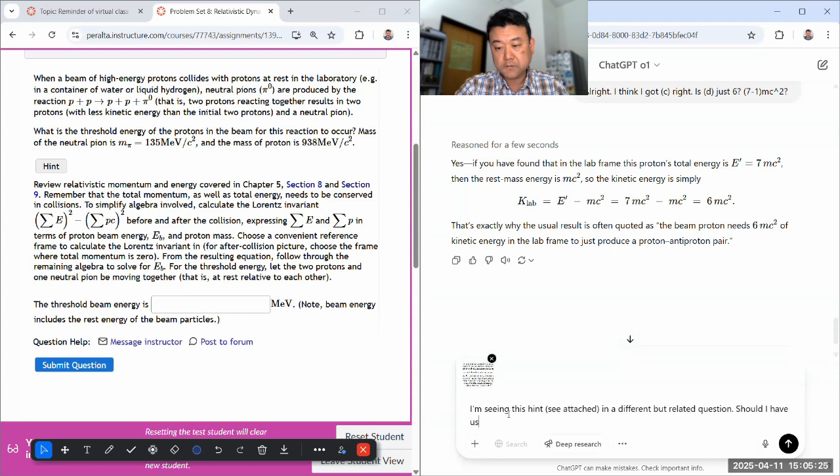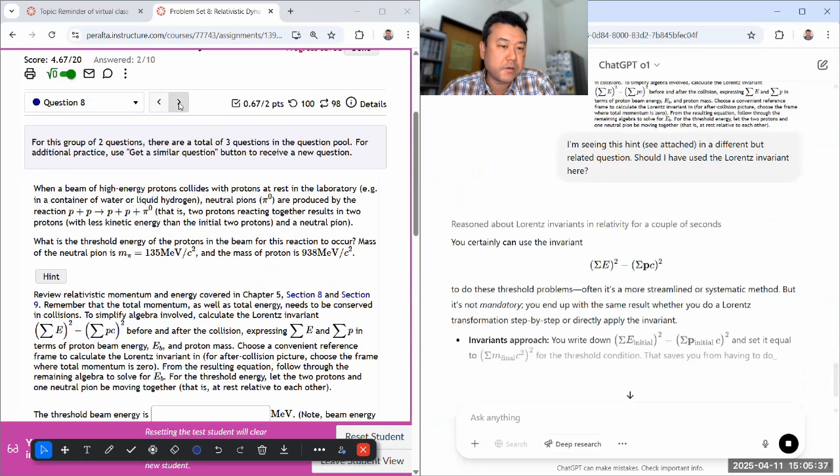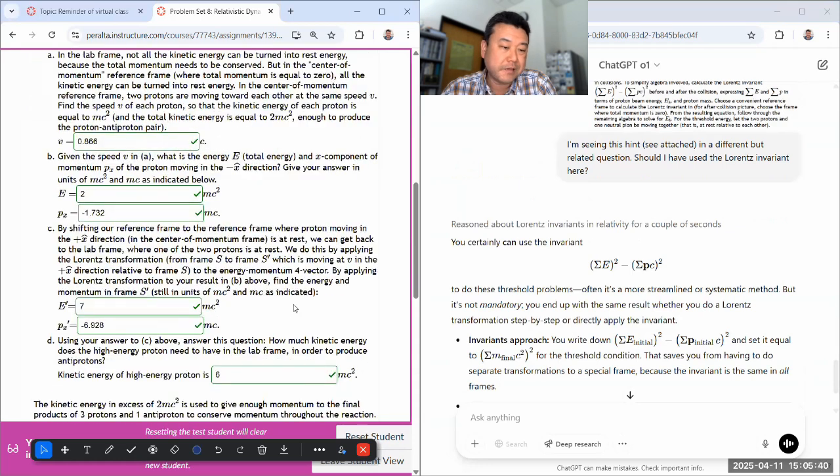Should I have used the Lorentz invariant here? And it probably will say no. The way this question is broken out, that doesn't save you any work. You can use it. Yeah, same result.